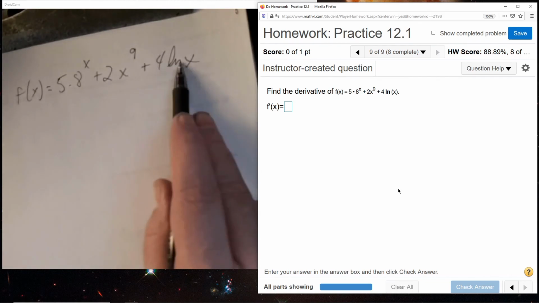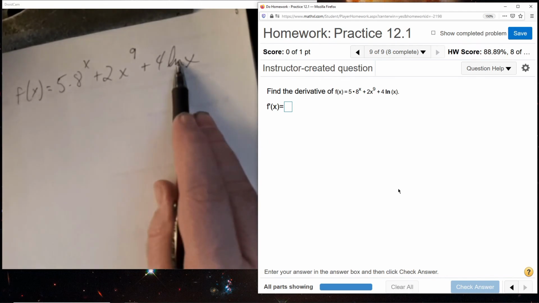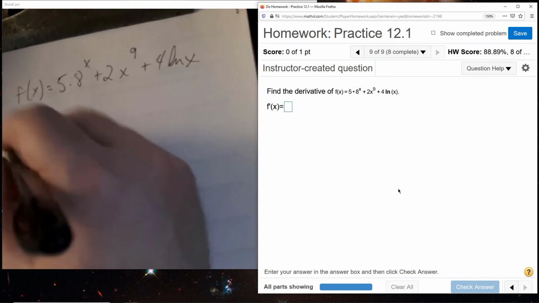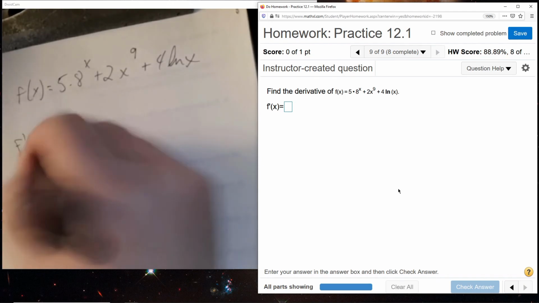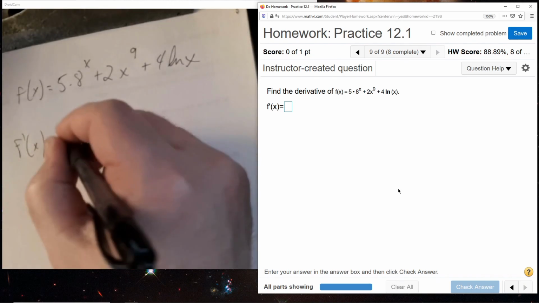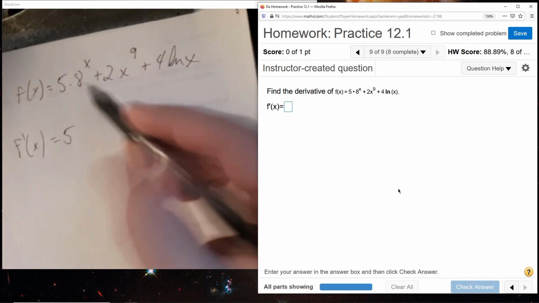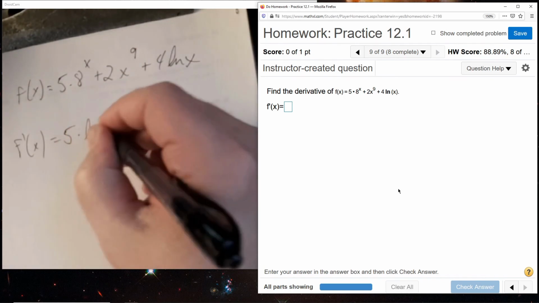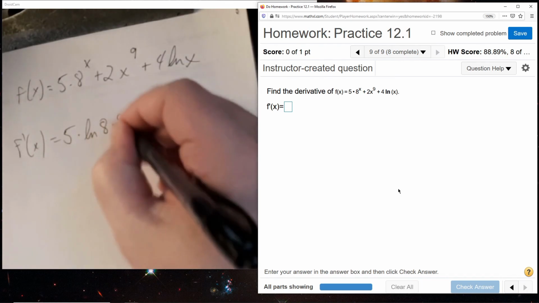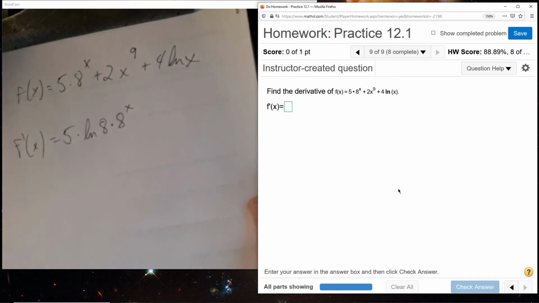So we have to identify the functions we have so we know which derivative pattern to use. So we're going to have 5 times the derivative of an exponential, which is log of the base times the exponential.